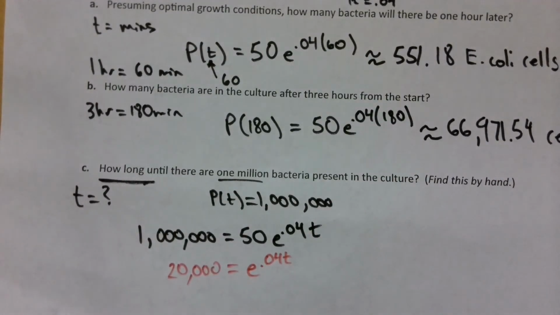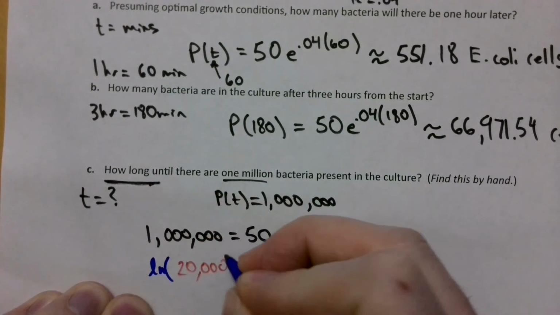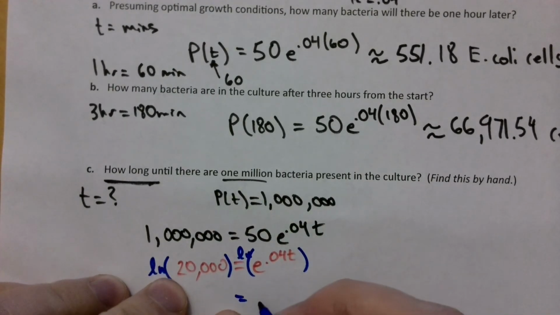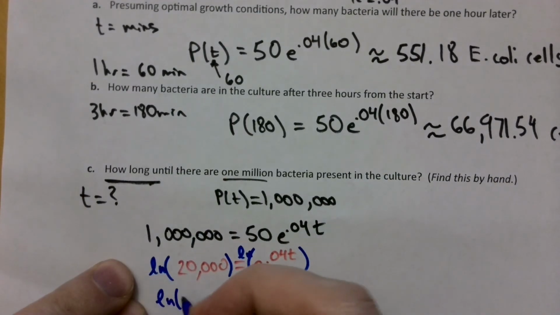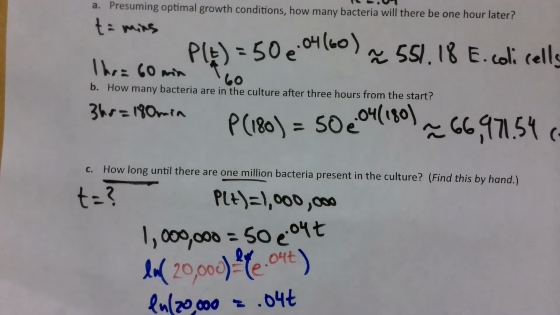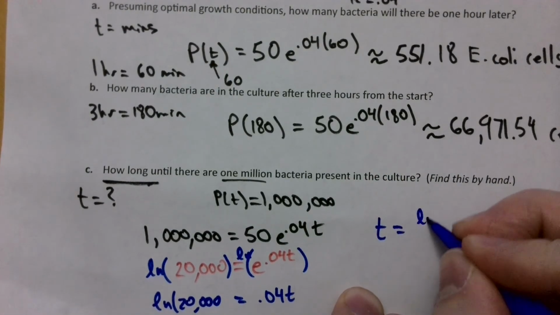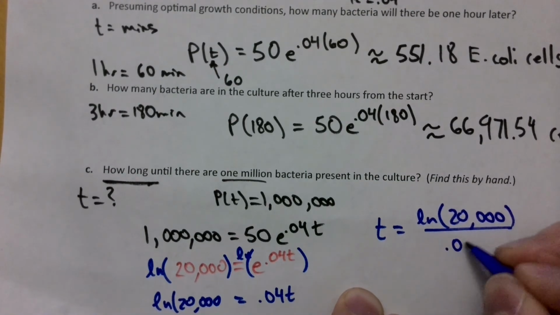We pick any base we want. Since this exponential is base e, I would encourage you to choose natural log, because then the right side just becomes 0.04t, and the left side is natural log of 20,000. We then divide both sides by 0.04, and our solution is natural log of 20,000 divided by 0.04.